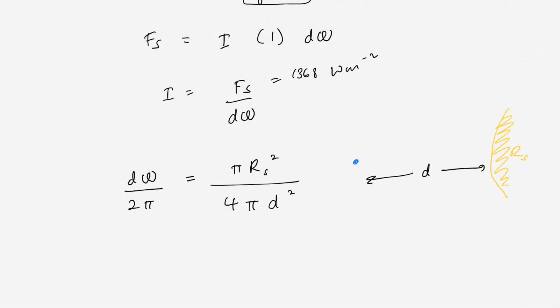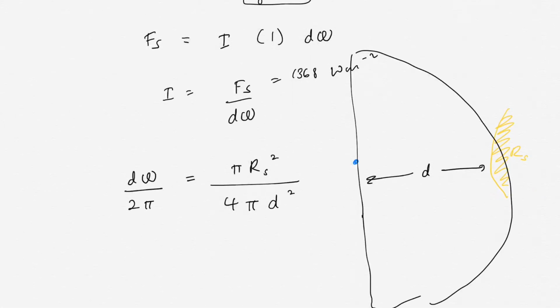So the fraction of the sky that's covered by the sun on Earth is just this hemisphere, the entire hemisphere, that's covered by the sun in this area. So the entire area of the hemisphere, which is this one, the area of the sun over the entire area of the hemisphere, which is a factor of the fraction of the sky, d omega, over 2 pi, the hemisphere.